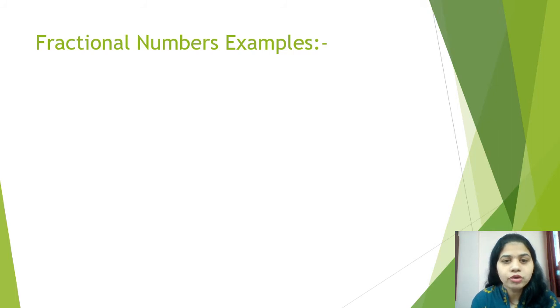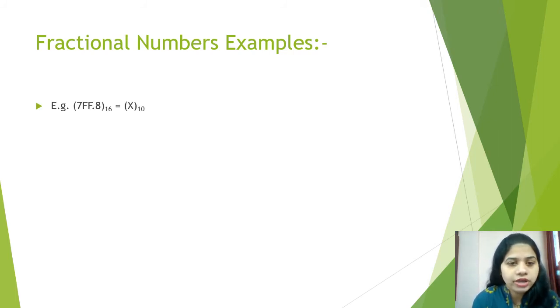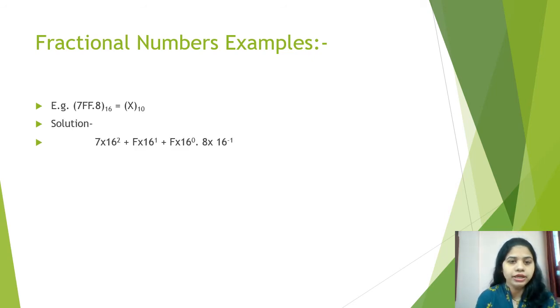Now let us see an example of a fractional number. The given example is 7FF.8, and we have to convert it into its corresponding decimal. So again, we can start with F. As it is the units place, it becomes 16 to the power 0, then the next place is 16 to the power 1, and the last one is 16 square.